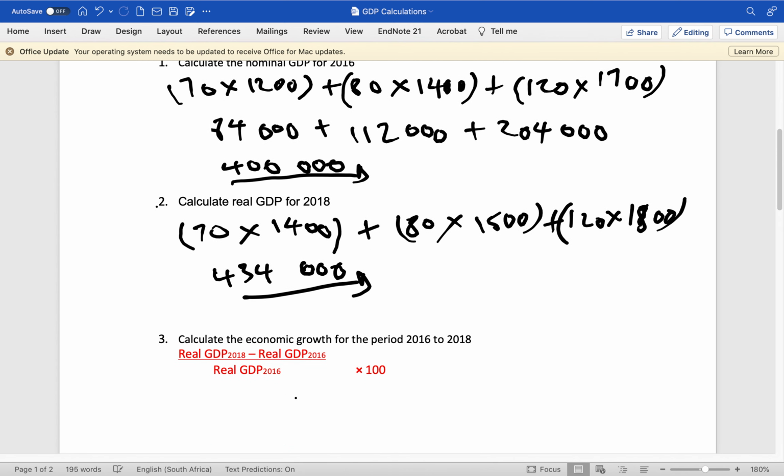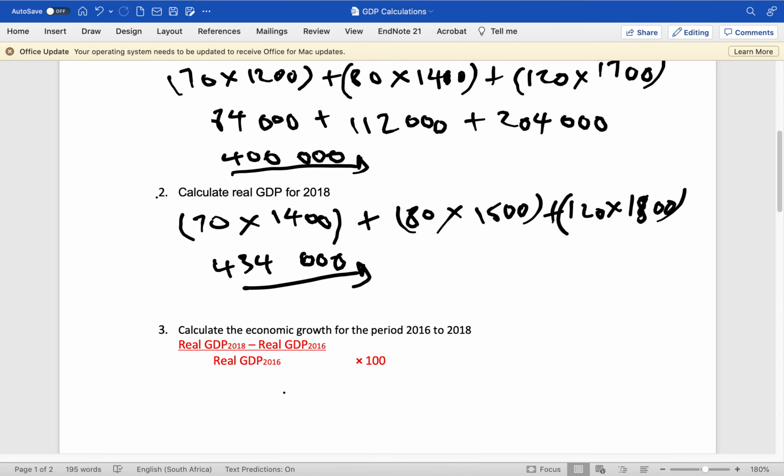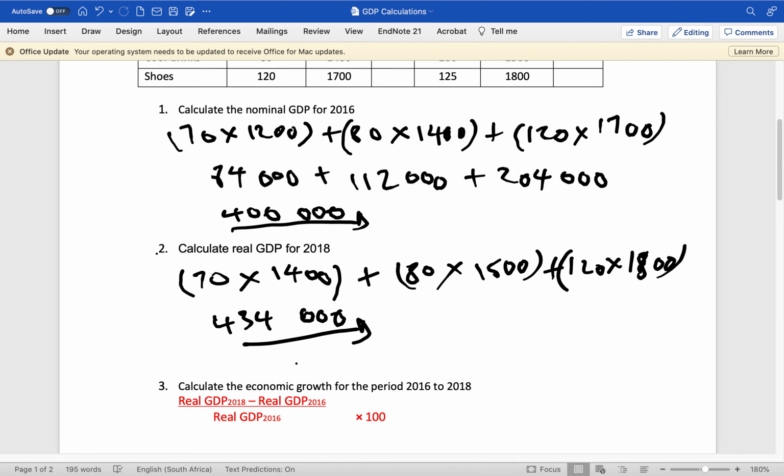Now, here's the most tricky part. Do not be anxious and coming back to do the calculation for real GDP for the year in which we did not, in this example, do the real GDP calculation for. However, because you already know that if we are calculating real GDP for 2016, right? Let me just go back here. Okay, for 2016.